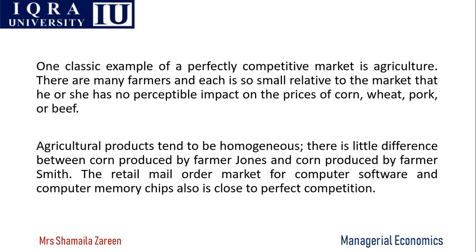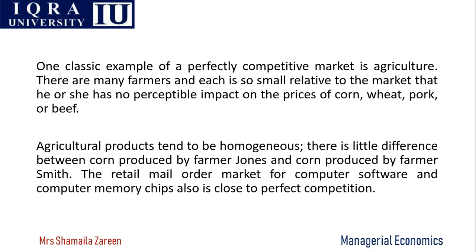The retail mail order market for computer software and computer memory chips also is close to perfect competition. All the sellers are producing the same product. There are so many competitors in the market that a change of price by one seller has an impact on the other sellers.